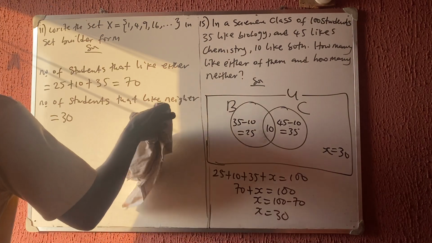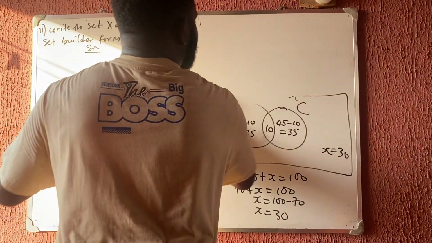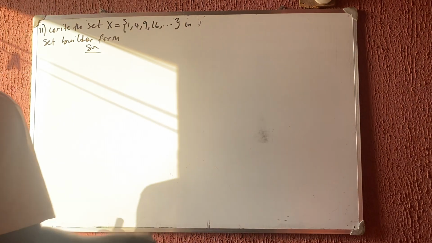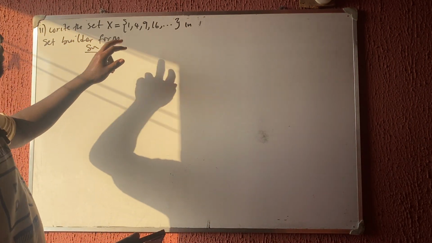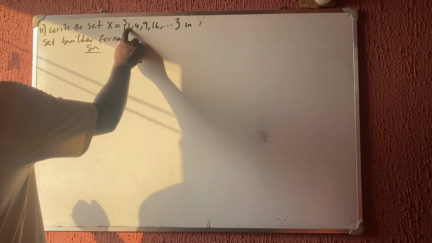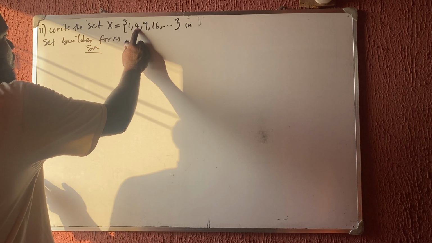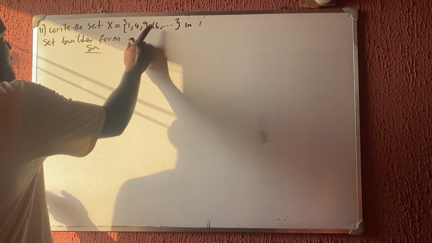Now the last question, question number 11 that I skipped. The problem here is that we need to think on how these sets are formed. 1 plus 3 is 4. 4 plus 5 is 9. 9 plus 7 is 16.